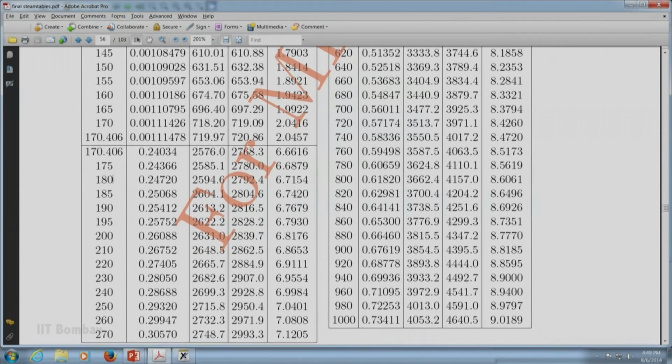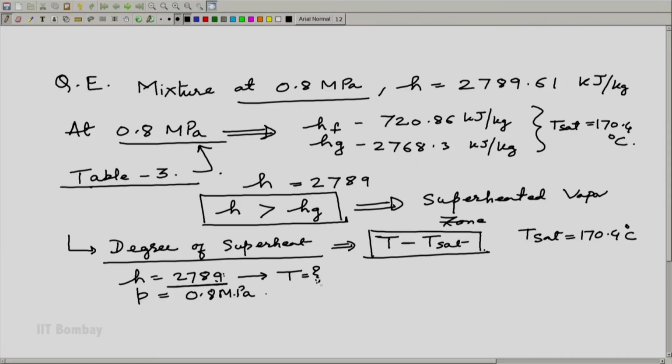If I do proper interpolation now, I can calculate this value as 178.875. So, after interpolation, I found out this temperature is equal to 178.87 degree centigrade.